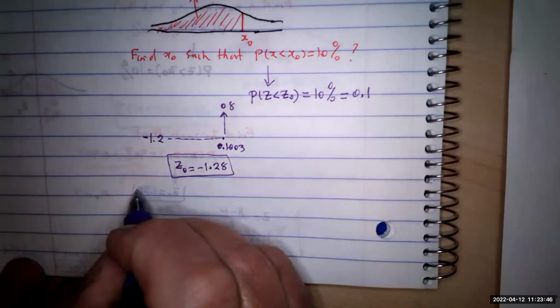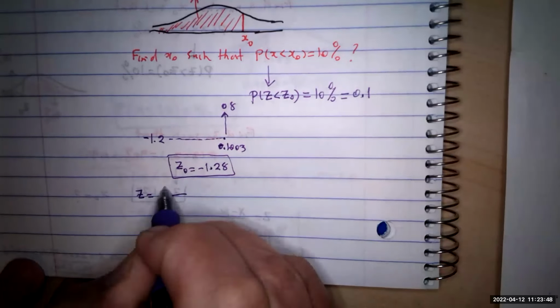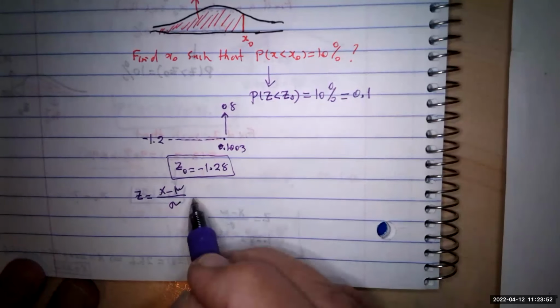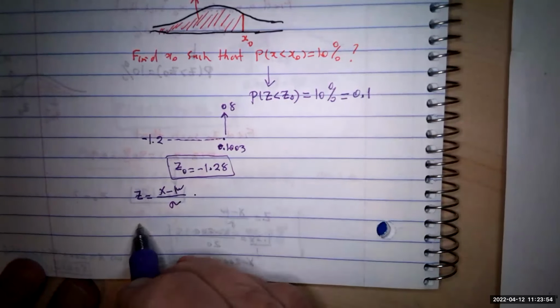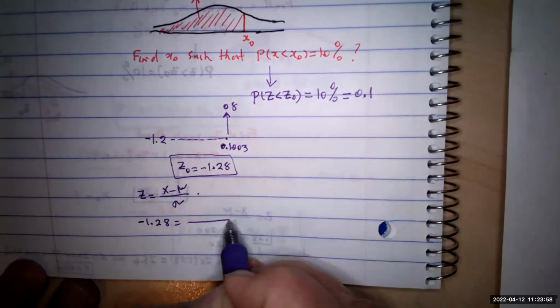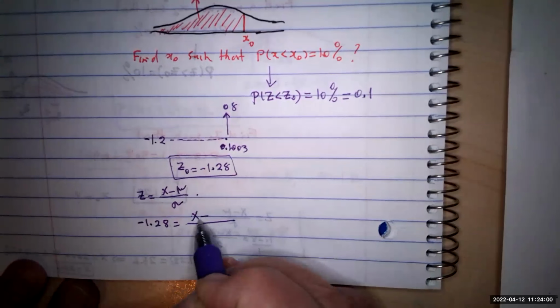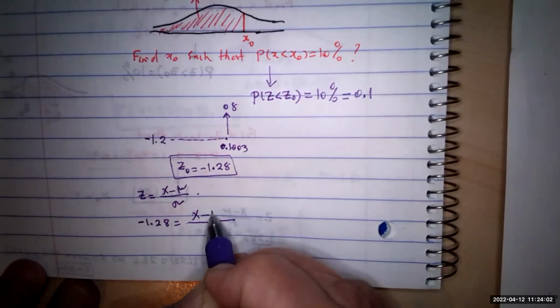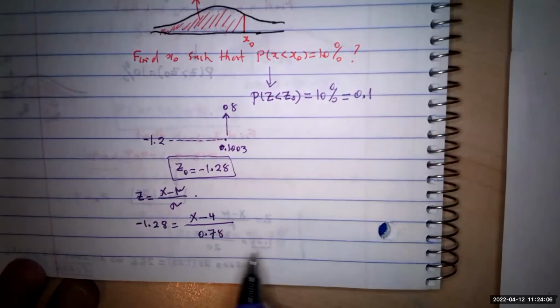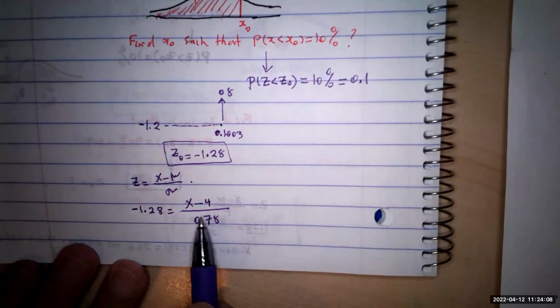So we go to the Z score formula again: Z equals X minus mu over sigma. The Z is negative 1.28, X is missing, the mu is 4 and the sigma is 0.78. You have to cross multiply.